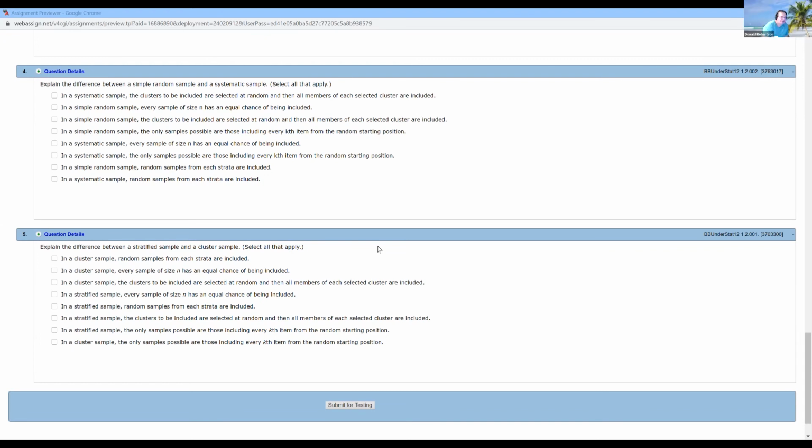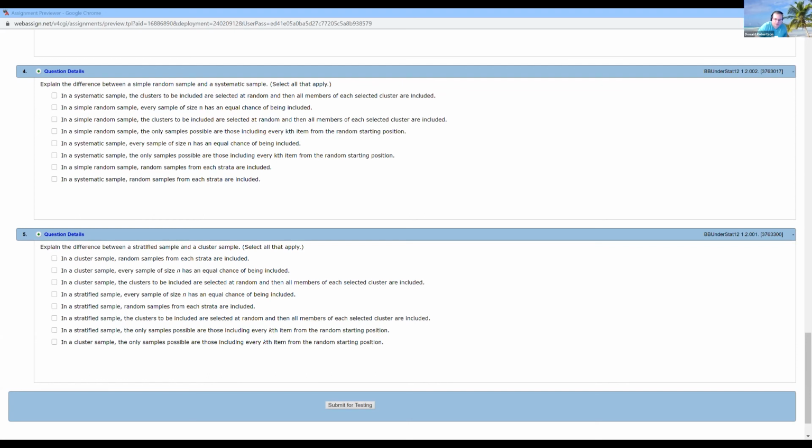Okay, so the question says, explain the difference between a simple random sample and a systematic sample, right? So in a systematic sample, well, first things first, what we do is we go looking for a definition of a systematic sample, so that we're working on a sentence that we can work with.